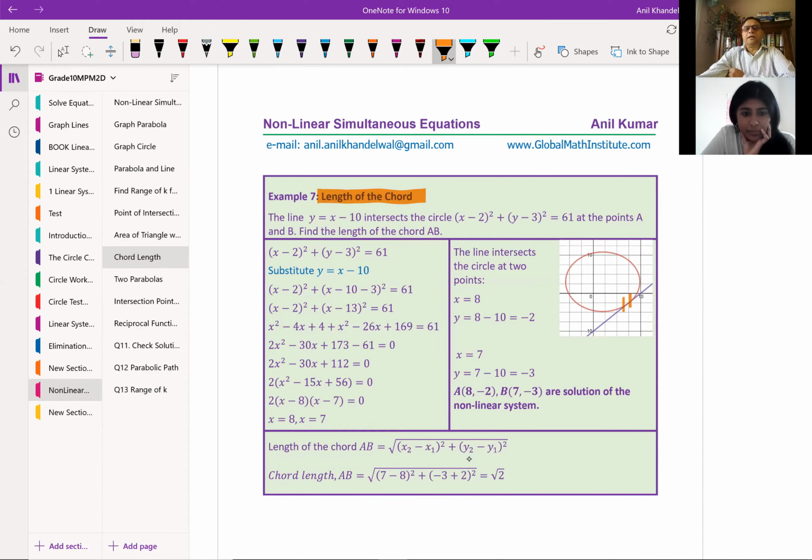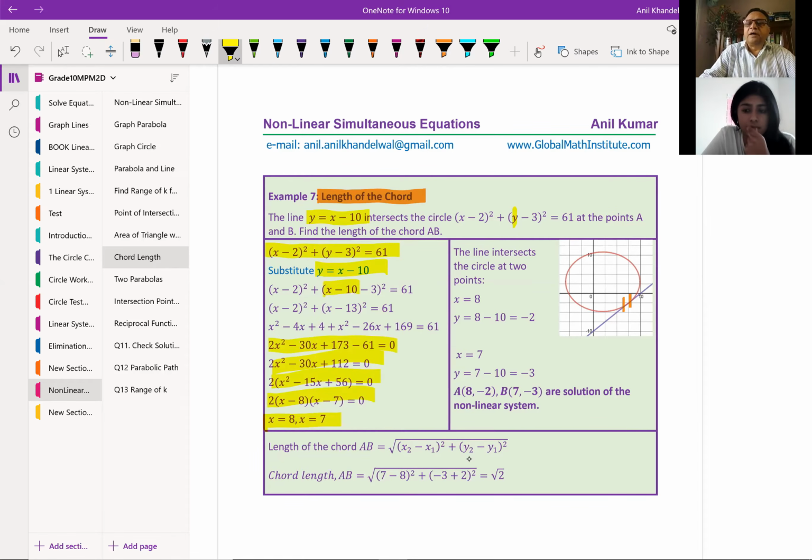Perfect. So again, the strategy is simple. That is to say, we have to substitute this value of y into the equation and then solve it, right? So that's what I did. This is my given equation. The y value is x minus 10. I substituted x minus 10 in the equation, expanded and simplified. Once I did that, I got my quadratic equation, which was factored, and then I got two values for x.